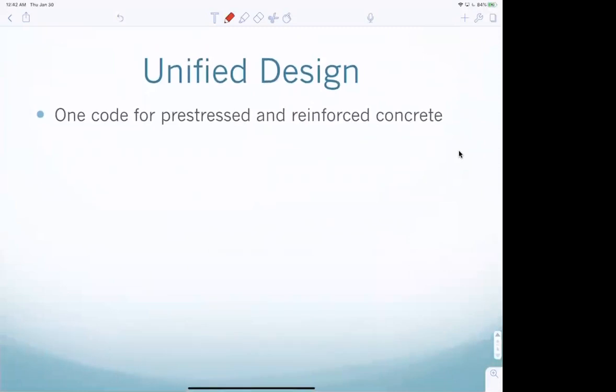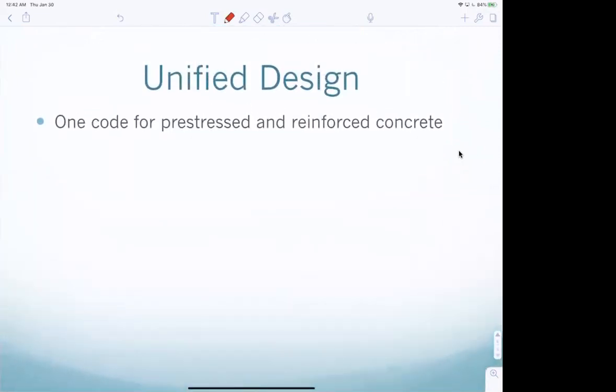Unified design is just one code for prestressed and reinforced concrete, as I mentioned. So that is analysis versus design and a brief history of reinforced concrete design. I have a separate set of notes just on working stress design, and this is going to be the last time we see it for the course. We will use the working stress principles, though, to calculate deflections.